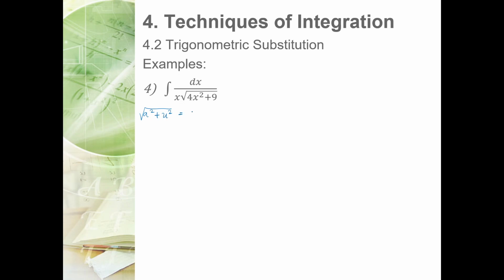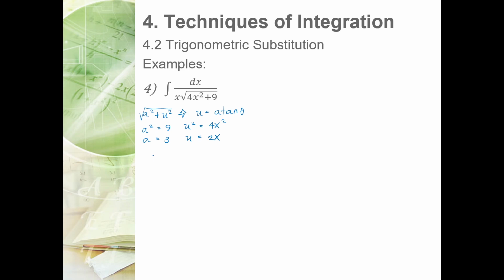Again, the formula for this one is u is equal to a tangent theta. Starting off with a squared first, that will be 9, then a is 3. Then your u squared is 4x squared, so the u parameter is 2x.